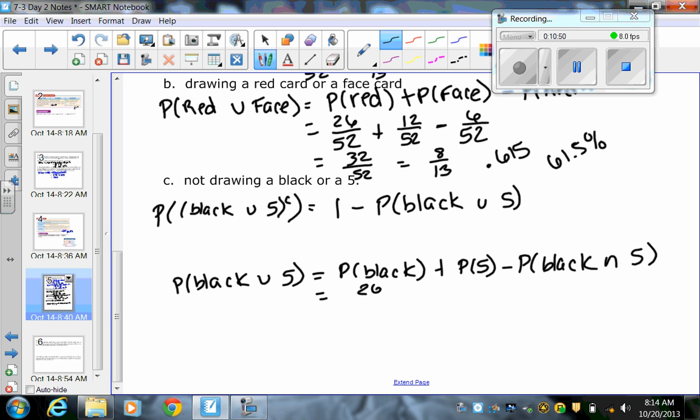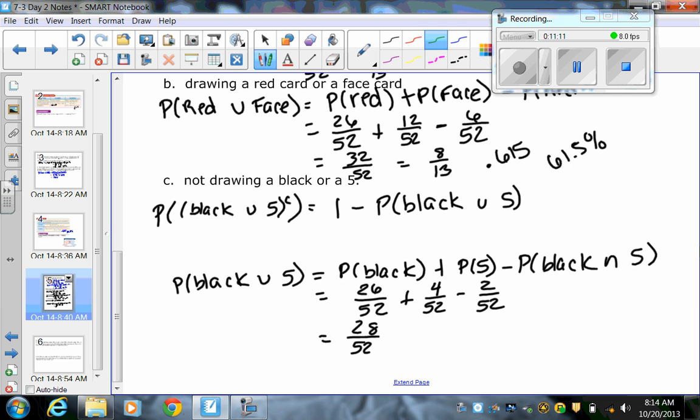So there are 26 black cards. There are 4 5s. And there are 2 5s that are black. So that comes out to equal 28 out of 52.